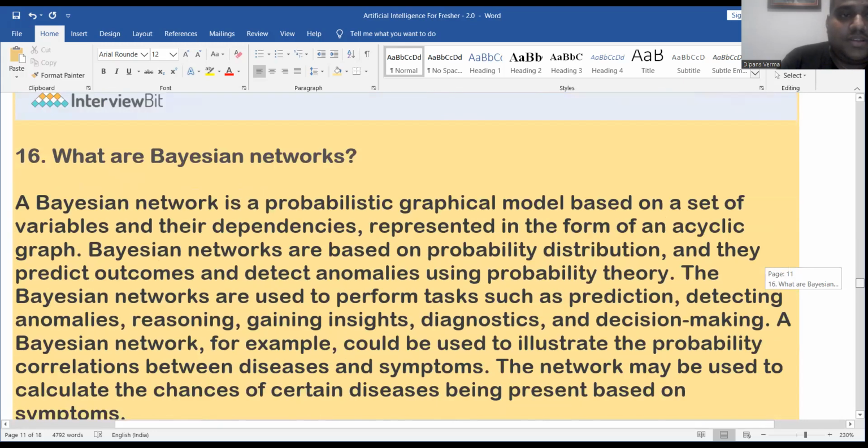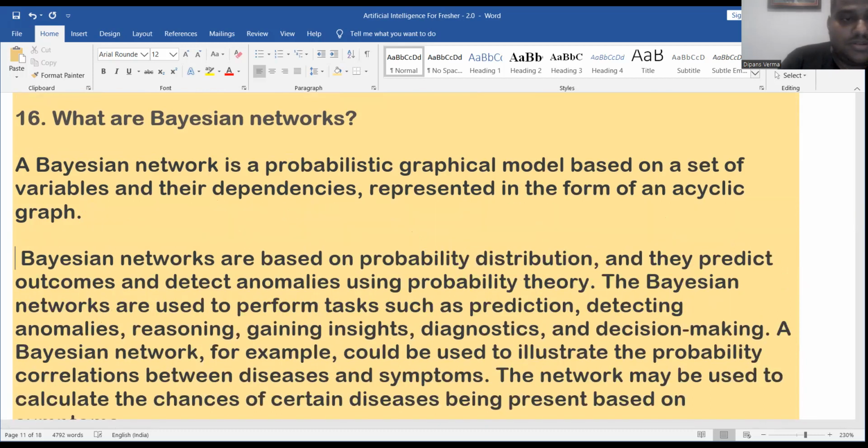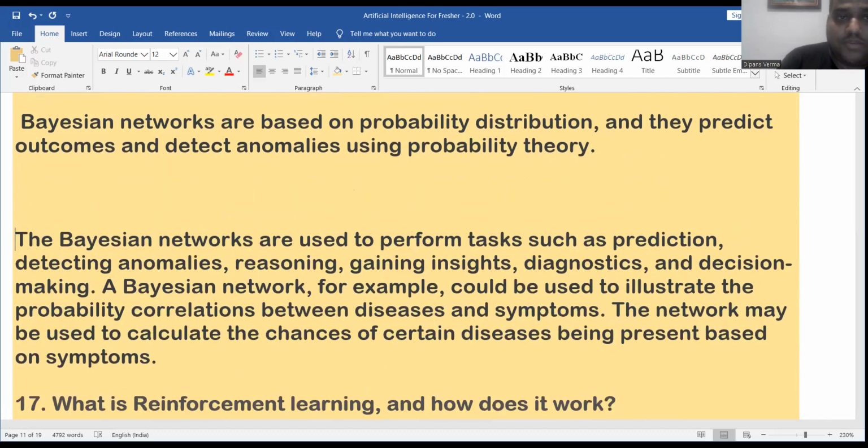What are Bayesian networks? A Bayesian network is a probabilistic graphical method based on a set of variables and their dependencies, present in the form of a acyclic graph. So Bayesian networks are based on probability distribution, and they can predict outcomes and detect anomalies using probability theory. This is the most important point, anomalies, right?